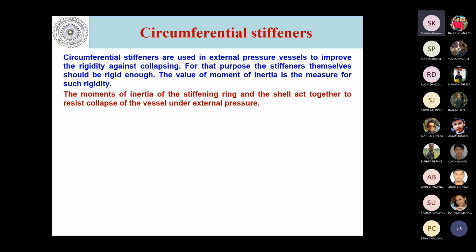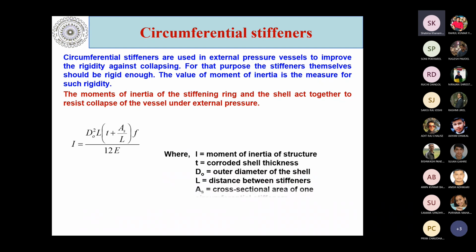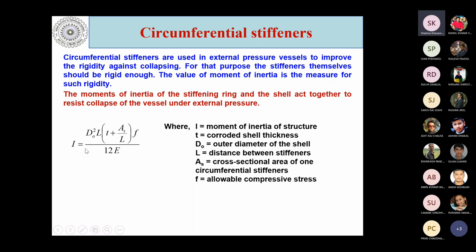So first of all, I need to find the moment of inertia of the stiffening ring and the shell. So this is basically the moment of inertia of the structure. Okay, all these parameters you know. T is the corroded shell thickness, Do is the outer diameter of the shell, and capital L is the distance between two consecutive stiffeners, and As is the cross sectional area of one circumferential stiffener. So how this As will be obtained, that we will see.